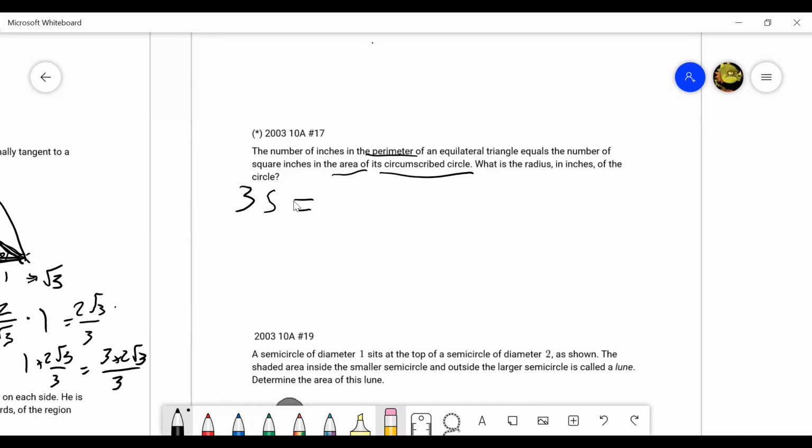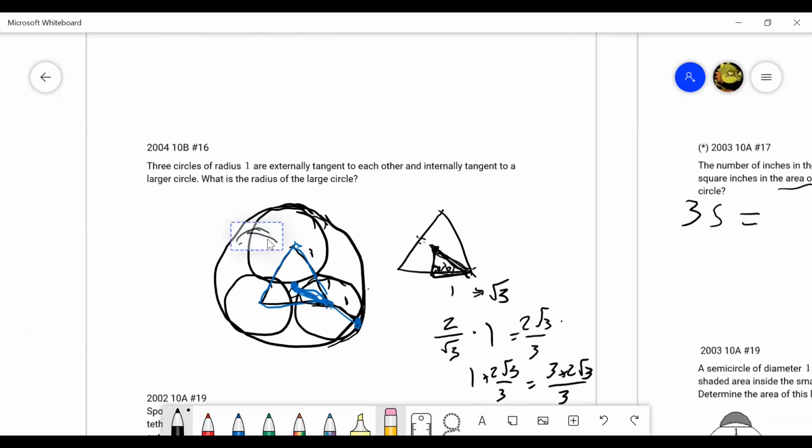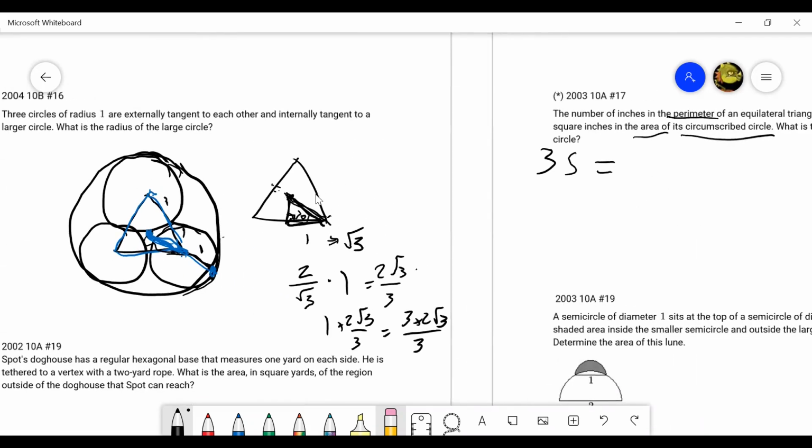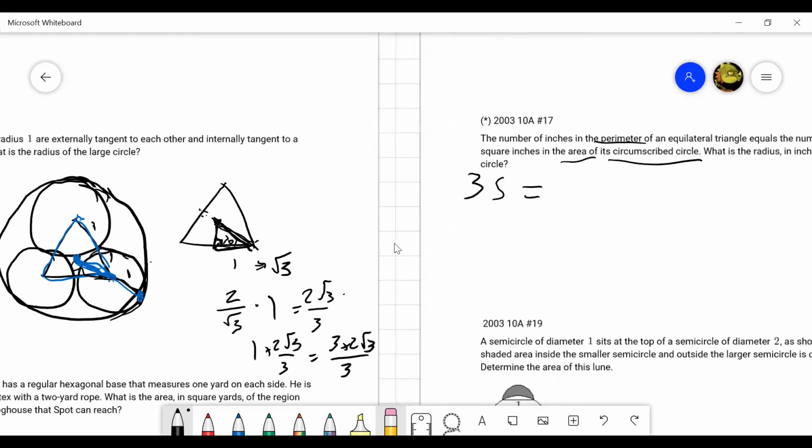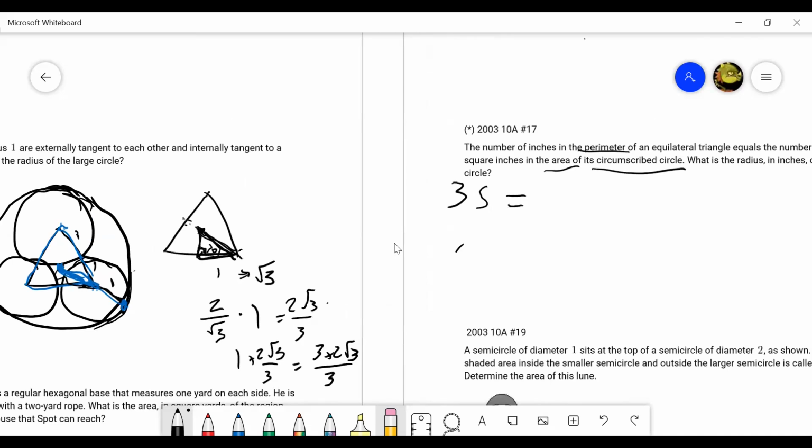Interestingly enough, this length that we found in the previous problem is exactly the circumradius of the equilateral triangle. I'm sure you can calculate this at home as well. For example, if this length is s over 2, then this is going to be s root 3 over 3.